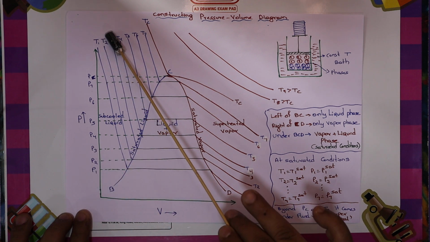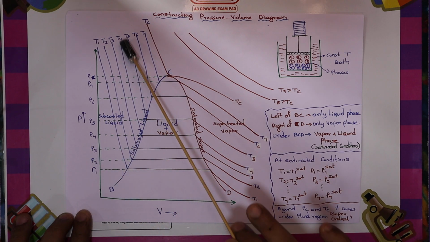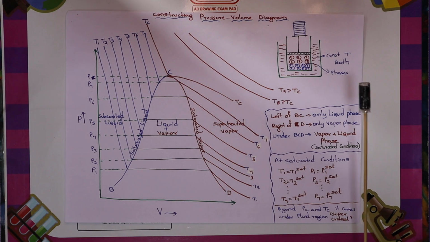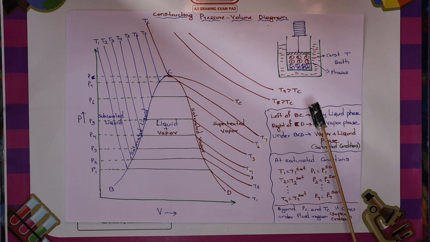So P3 and T3 are the saturation pressure and saturation temperature. P4 and T4, touching this line, are also saturation pressure and saturation temperature conditions.